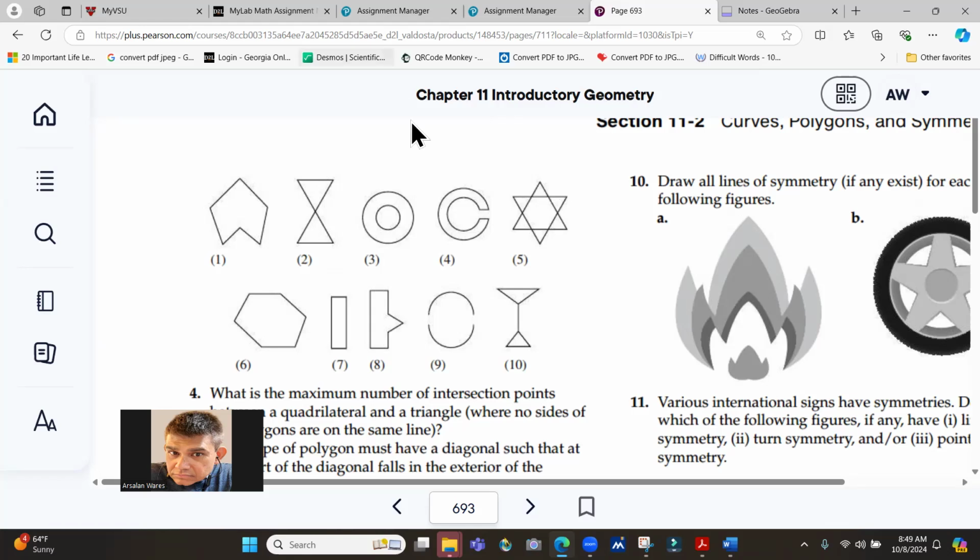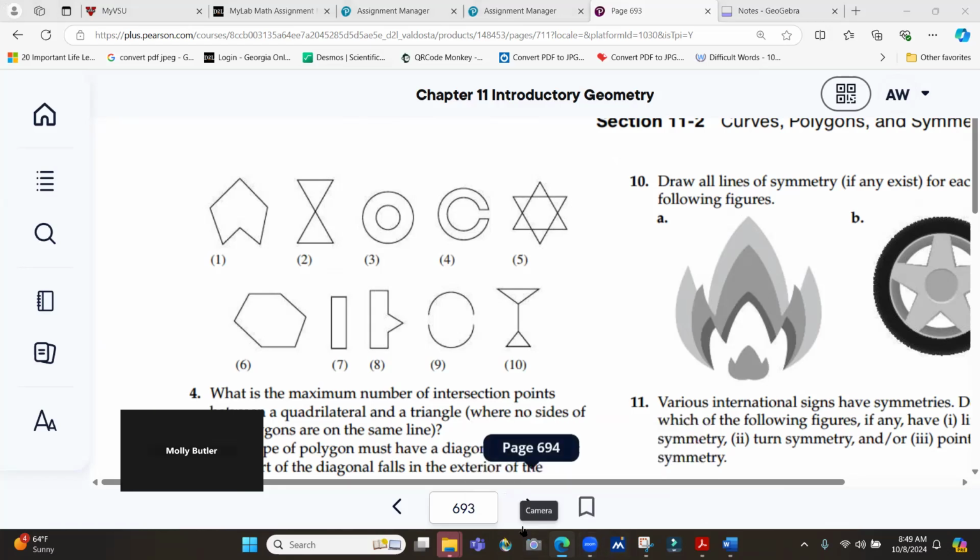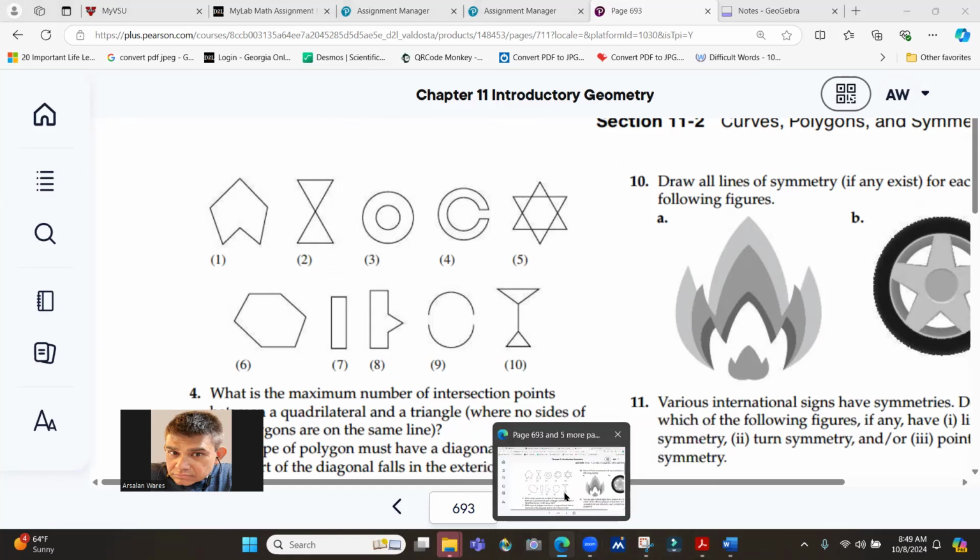Okay, Molly, let's see. Why is number four closed? Because I see two loose ends on it. Good question. Oh, okay, wait, I see it now. It's the letter C. Exactly. If you look at the letter C, it is not closed, but we are not looking at the letter C. To us, the picture is more like this.